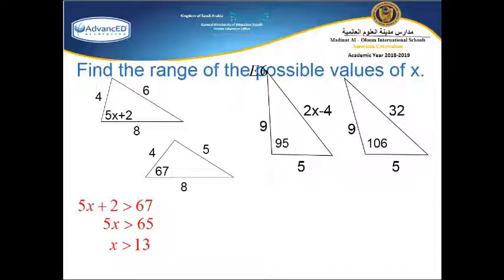By the way, any angle in a triangle must be more than 0 and less than 180. Since we got the first inequality, x more than 13, the second inequality must be less than 180. 5x plus 2 less than 180.